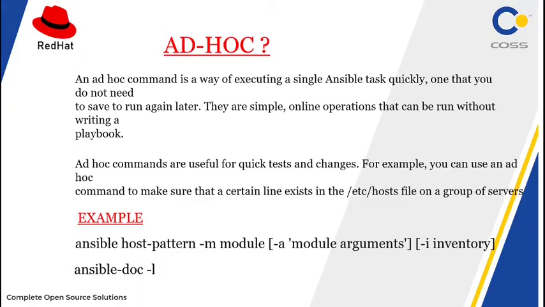If you have configured the Ansible configuration file, you do not need hyphen i inventory. And ansible-doc hyphen l will give you the list of all the modules available or installed in your Ansible controller node.